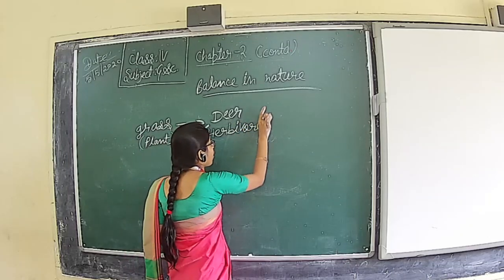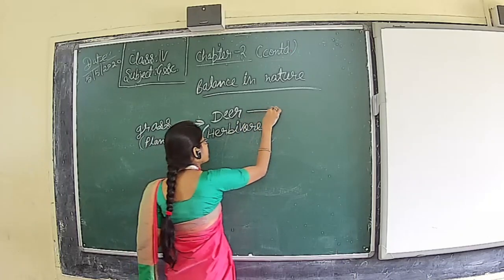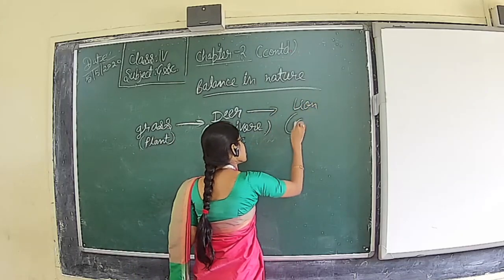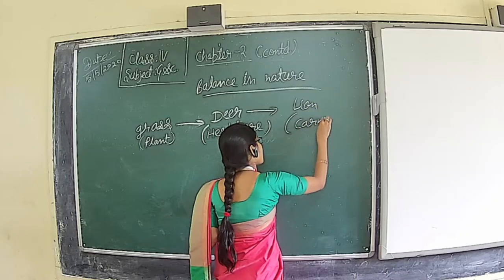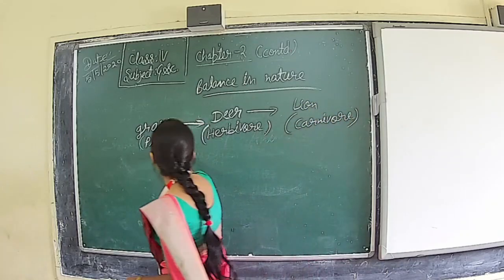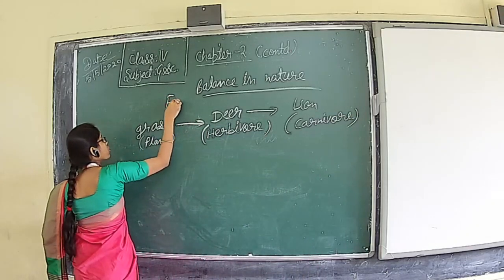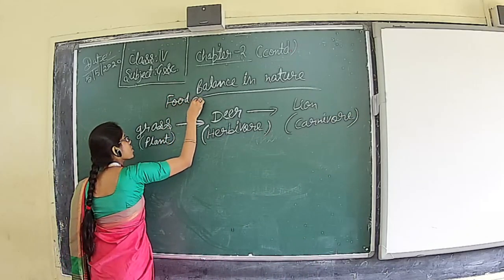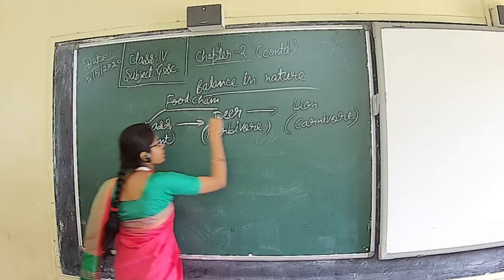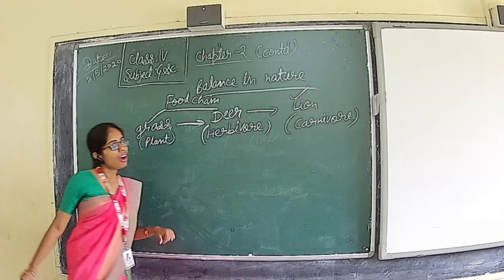And this deer is eaten by the lion, which in turn is a carnivore. So this is what is called a simple food chain. We can see that it starts with the plant life and ends with the animal life.